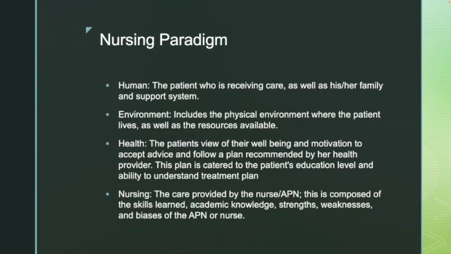This plan is catered to the patient's education level and ability to understand the treatment plan. Nursing. The care provided by the nurse and advanced practice nurse. This is composed of the skills learned, academic knowledge, strengths, weaknesses, and biases of the advanced practice nurse or nurse.